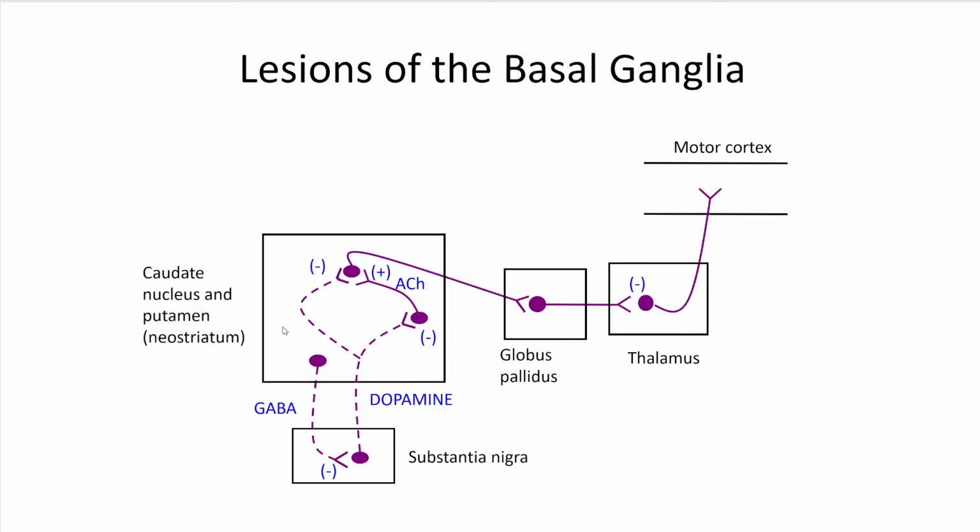For example, the synapse between caudate nucleus and putamen and substantia nigra is of inhibitory type, and it uses gamma aminobutyric acid, and the output of substantia nigra is also inhibitory, and it uses dopamine, and if it disappears, then there is insufficient suppression of acetylcholine output from caudate nucleus and putamen.